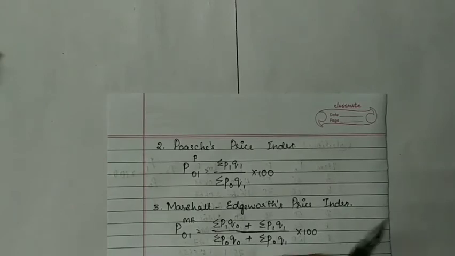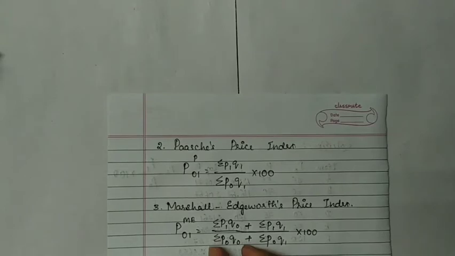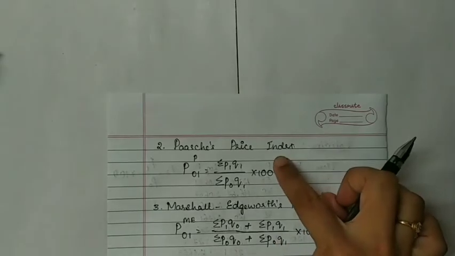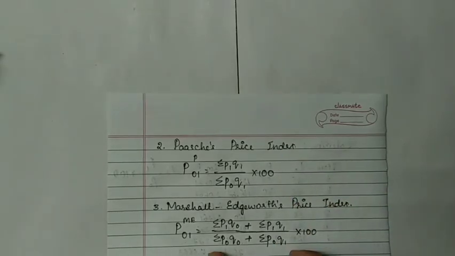If you see the first part, that is summation P1 Q0 divided by summation P0 Q0, this is of the first type, Laspeyres. And the second part is of Paasche's. So here both are combined. This is Marshall and Edgeworth price index.